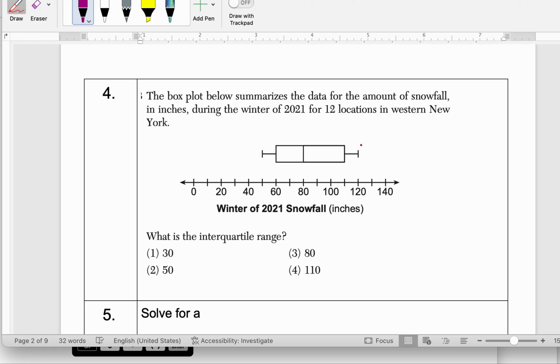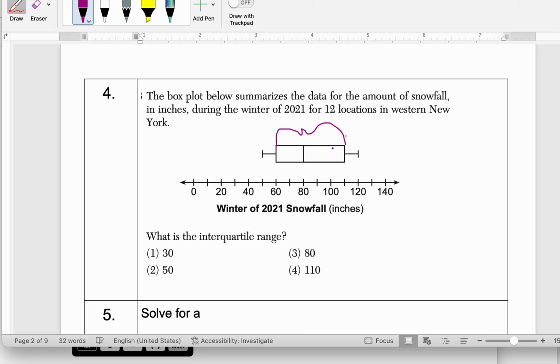This is our final number, the highest it goes, the maximum value, minimum value, right? This is quartile 1, median, which is quartile 2, and quartile 3 here. Okay, so our interquartile range is the range between quartile 1 and 3.